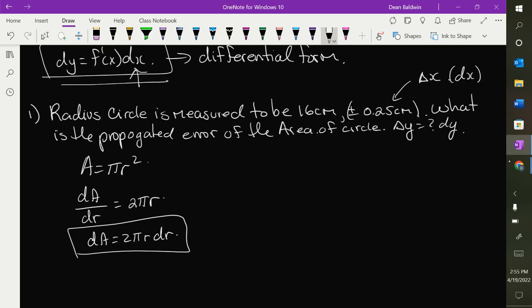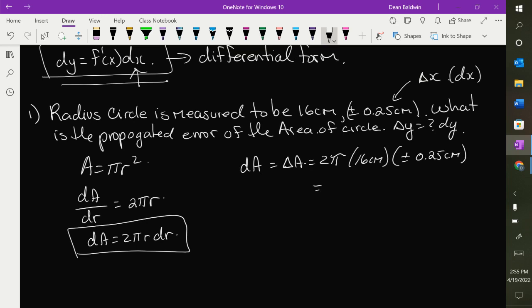So all you do is the dA, which is delta A if you want, is 2 pi r, with r being 16 centimeters, times dr, which is plus or minus 0.25 centimeters.